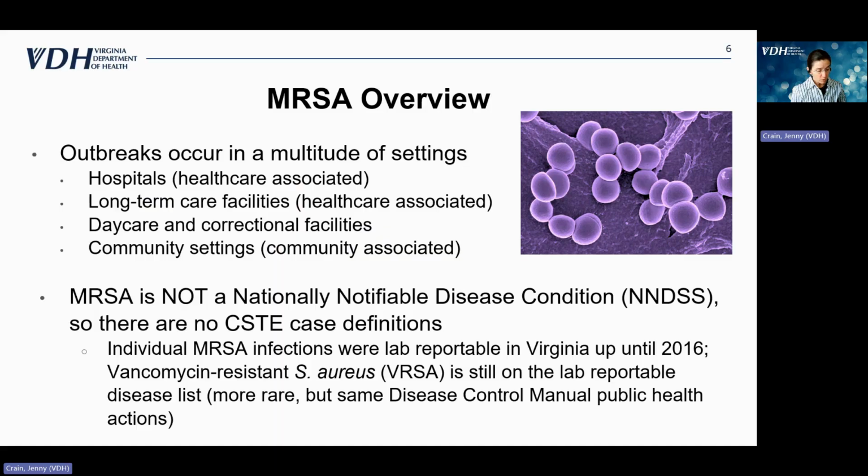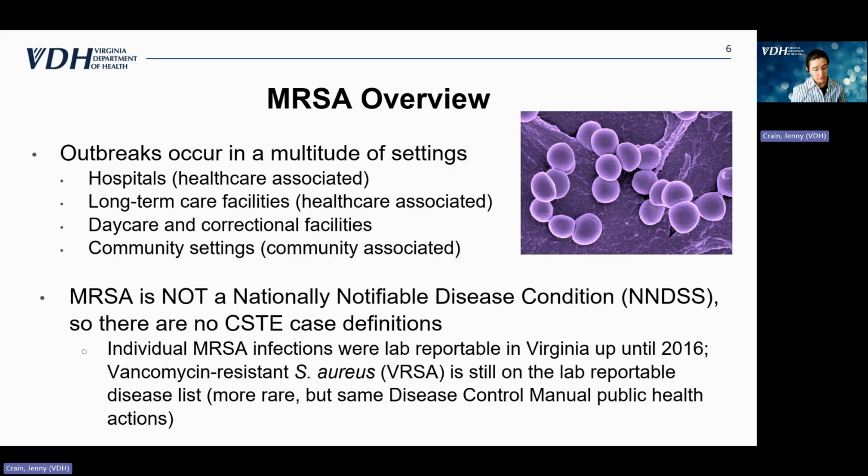So when people come to our central office for recommendations or guidance specifically, a lot of that information is similar. The other thing that's important to note for MRSA is that in Virginia, invasive MRSA infections, so single cases of that, were required to be reported by laboratory directors from about 2007 up until 2016.